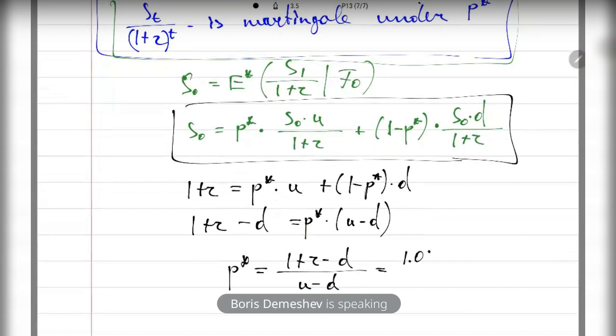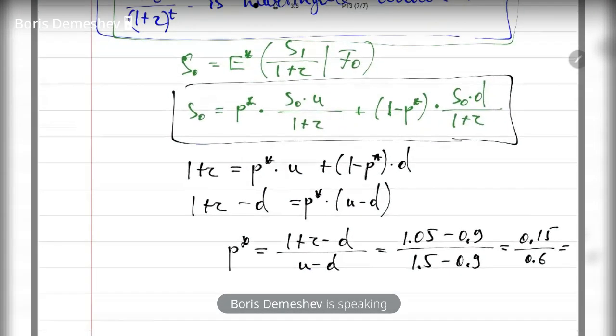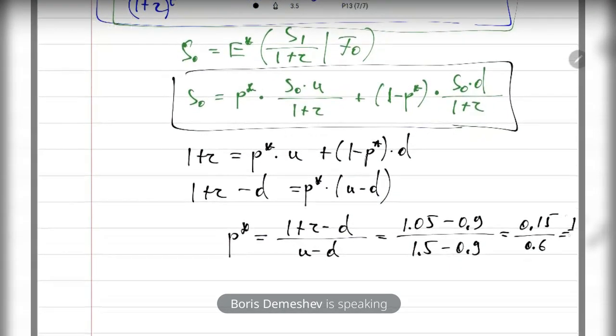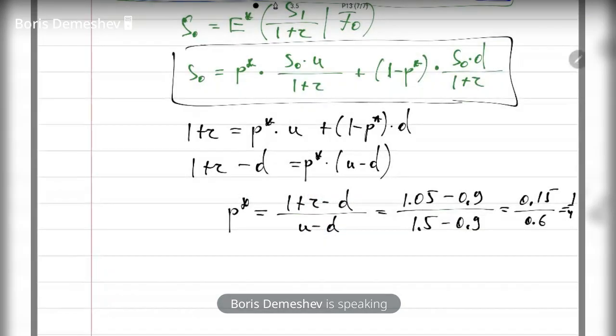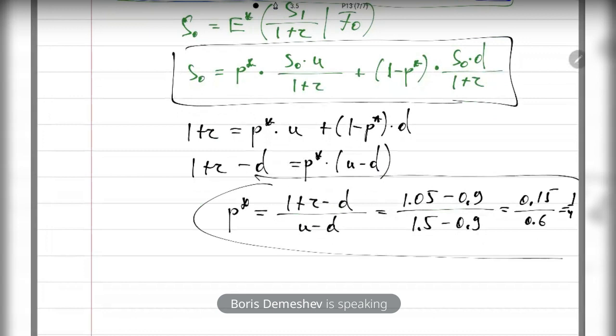That's 1.05 minus 0.9 divided by 1.5 minus 0.9, that will be 0.15 divided by 0.6. That's just 1 over 4. Okay, and that's magic. I really have invented the probability measure.